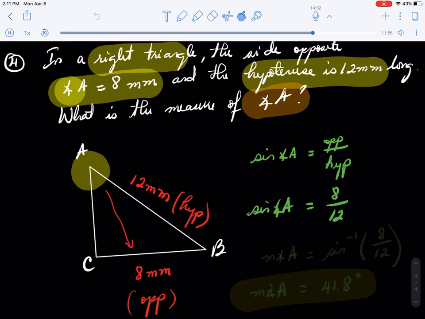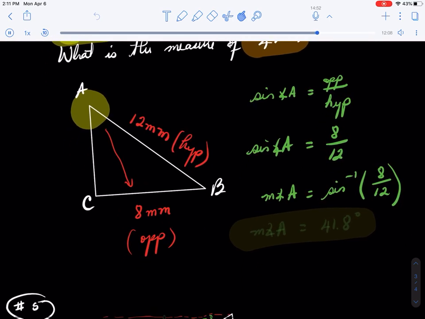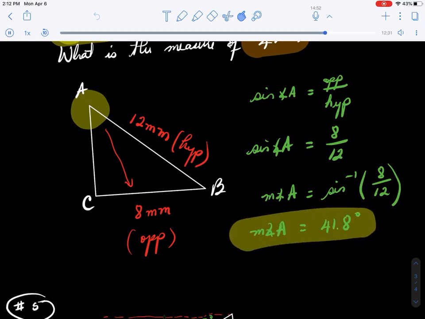Then you are going to write the measurement of angle A. On your calculator, what you need to do is take the inverse or shift of sine, and then 8 divided by 12. That should give me 41.8. Okay, so the measurement of angle A should be 41.8 degrees. See if you are able to find the angle measurement.